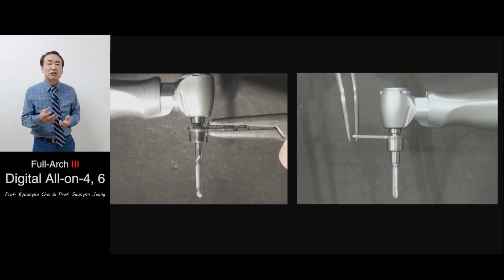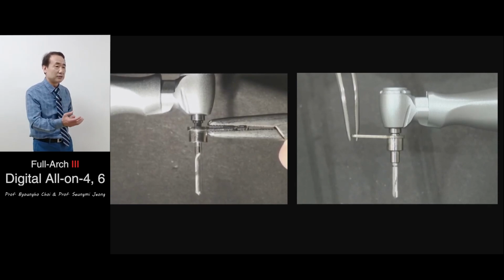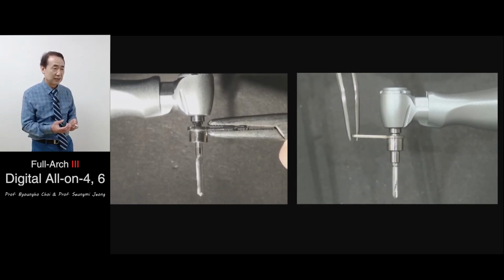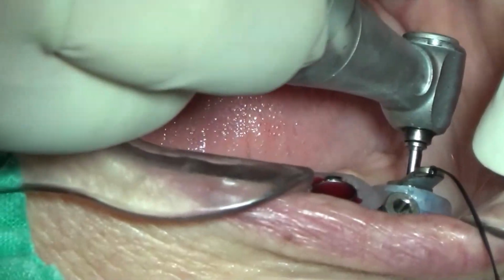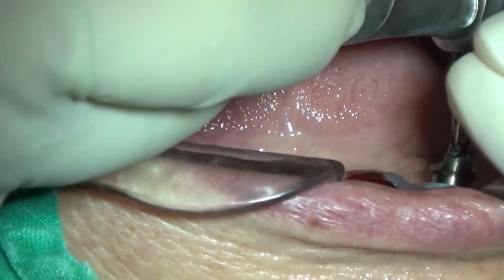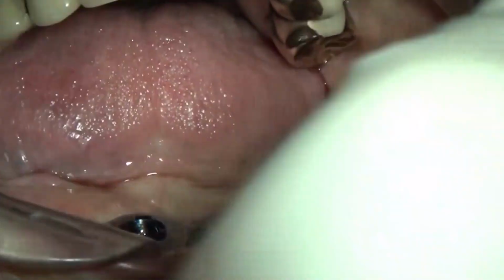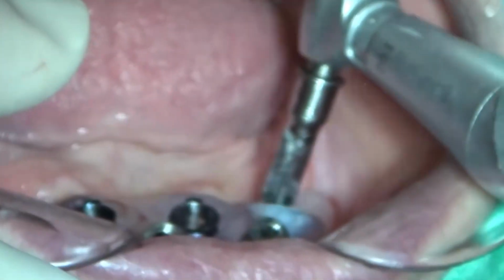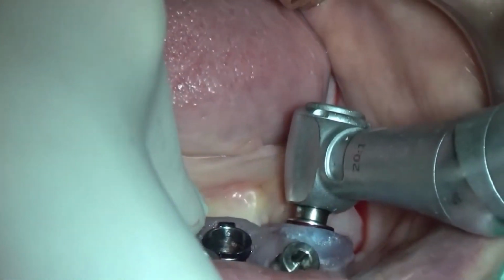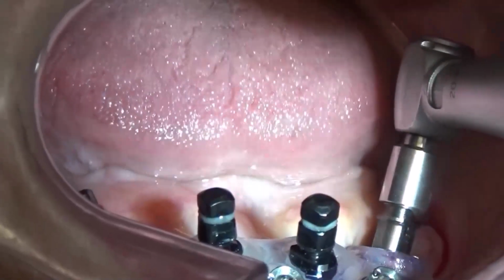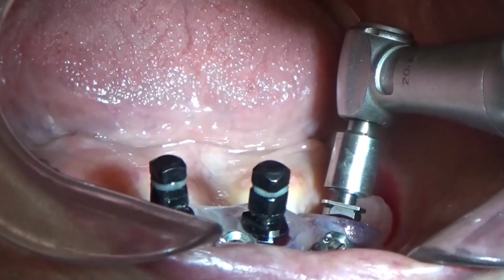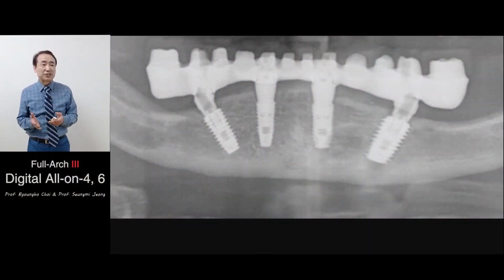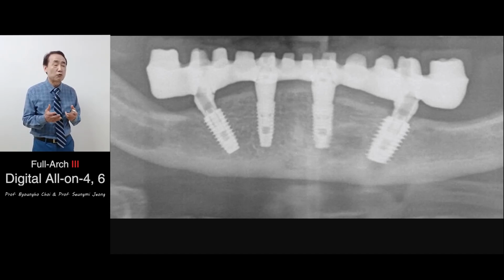If you use the long guide tube, you can drill more precisely. Using the guide system, you can place Oron 4 implants or Oron 6 implants more precisely and more safely.